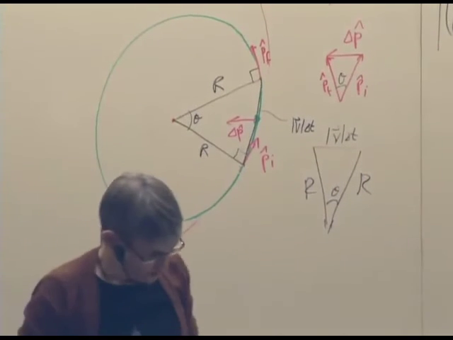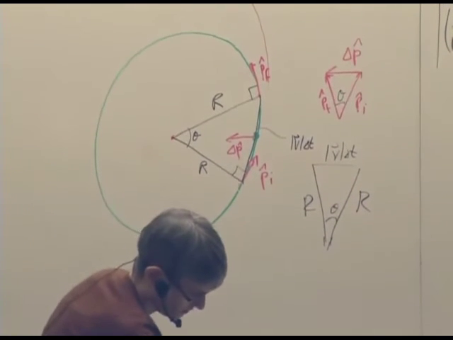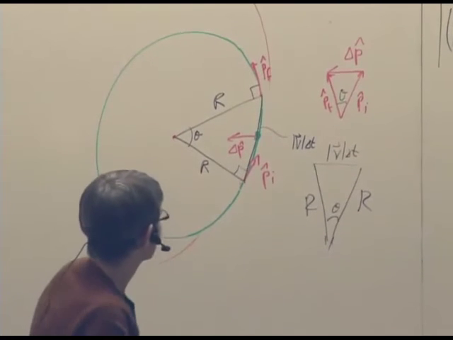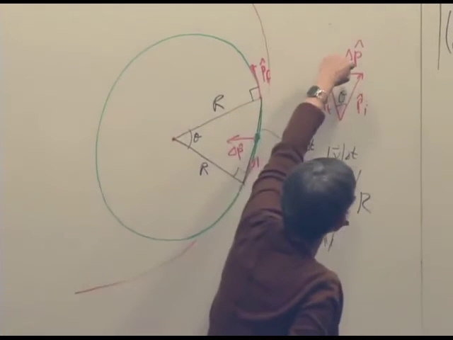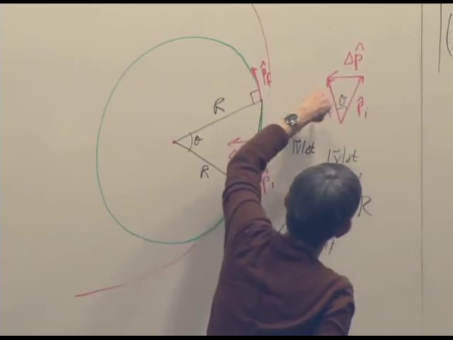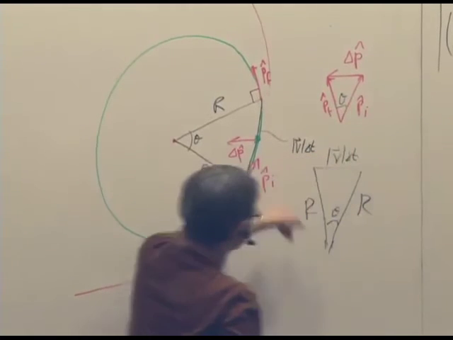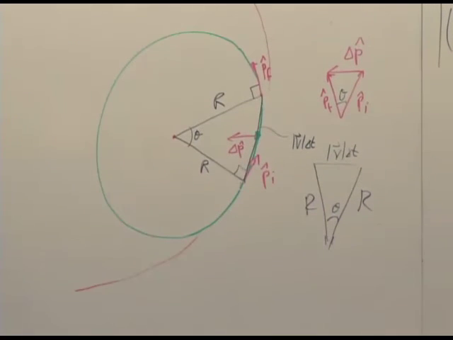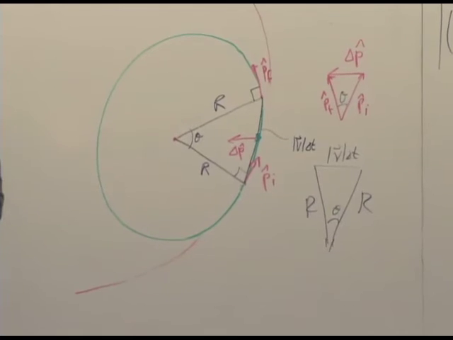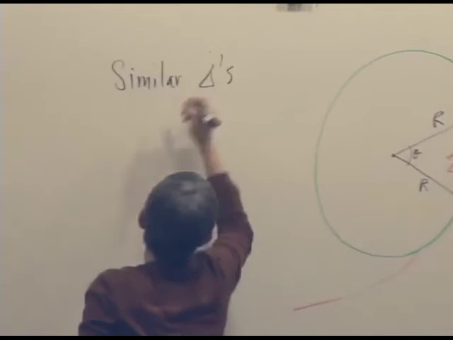So we can actually write a proportionality relationship here. Because they're similar triangles, the ratio of this side to that side is going to be equal to the ratio of that side to that side.